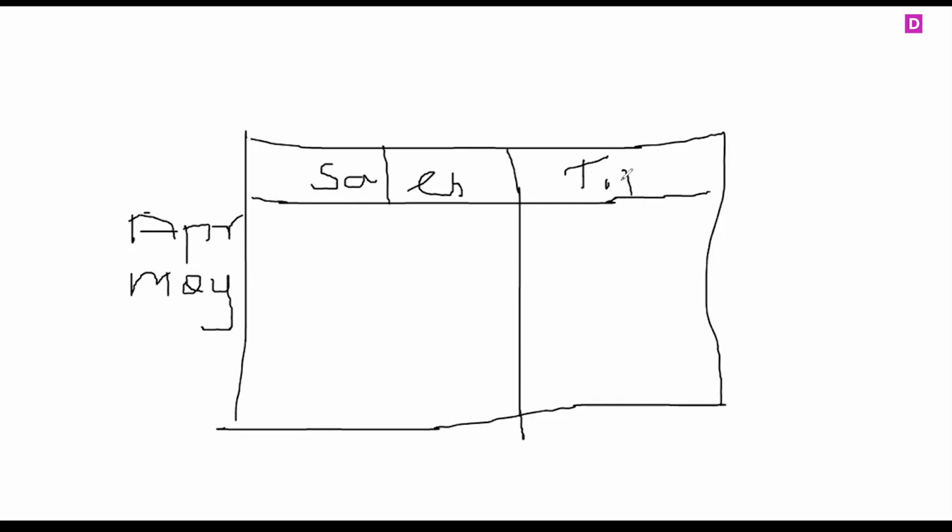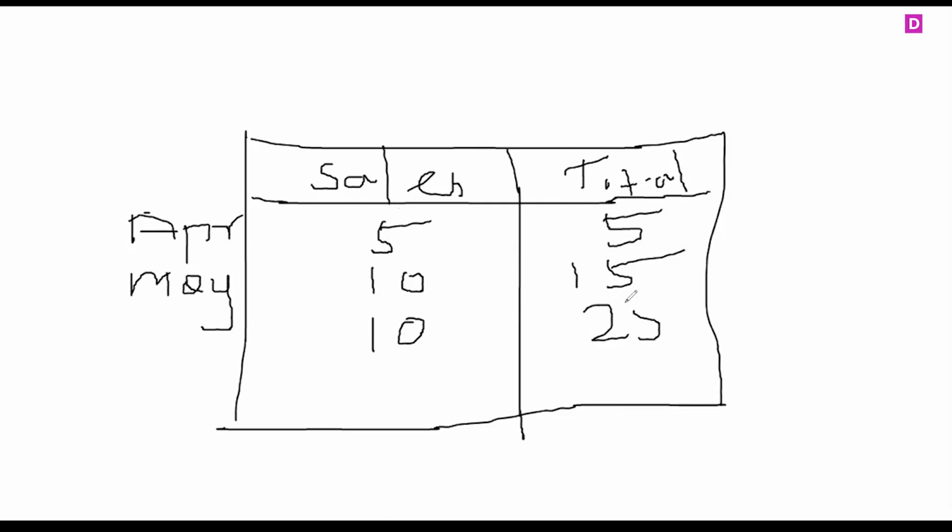If the April sales is 5, the total is 5. In May, if the sales is 10, then my total will be 10 plus 5, 15. Likewise, if I have 10 more in sales, then 15 plus 10 is equal to 25. This is what you call a running total.